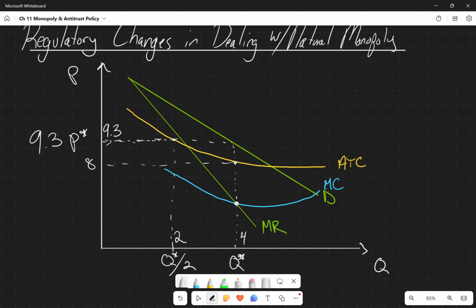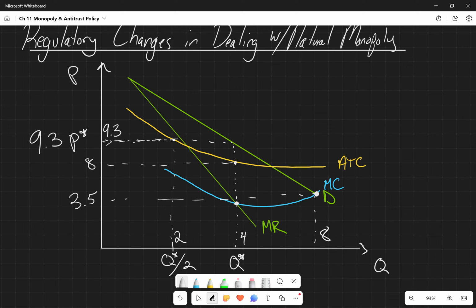So the other way that we could try to regulate, so this is one way, splitting them in half. The other way we could regulate it is we could do a marginal cost regulation. So we could require them to produce out here, where the price is 3.5 and the quantity provided is now 8.